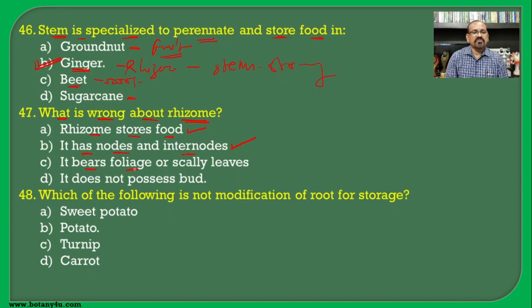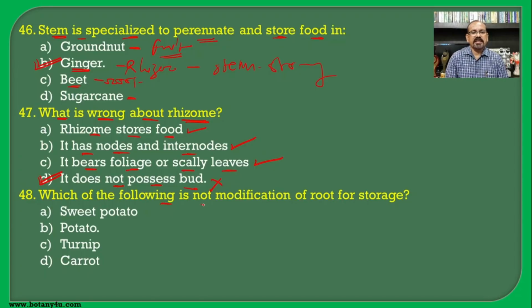Then it bears foliage or scaly leaves. This is also correct. And it does not possess buds. This is wrong, because buds are present on the rhizome and can again germinate to form a new plant body. Hence D is the wrong one with respect to the rhizome.